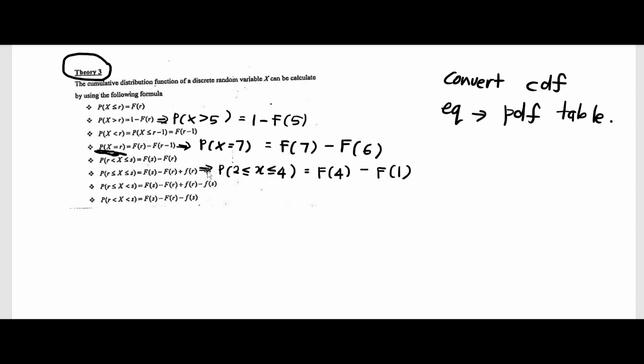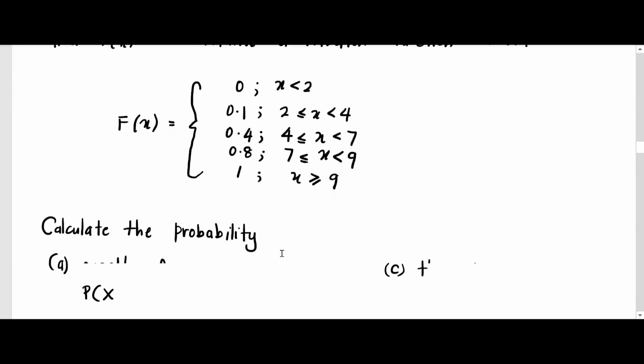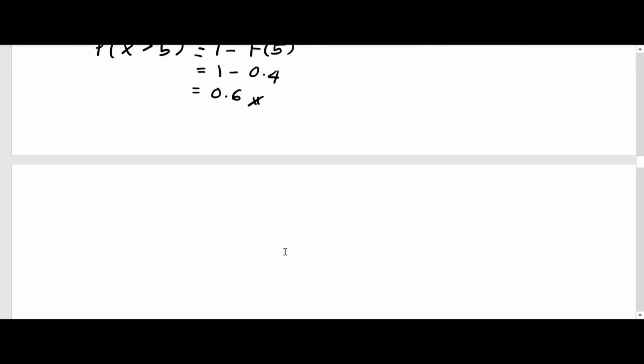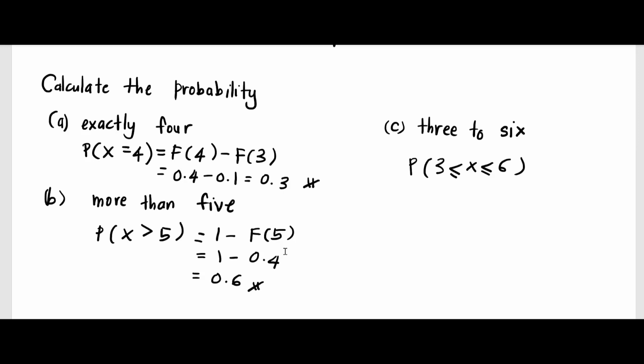Or let's say from the question we have the probability of 3 less than or equal to x less than or equal to 6. That means it is equal to F6 minus F2.